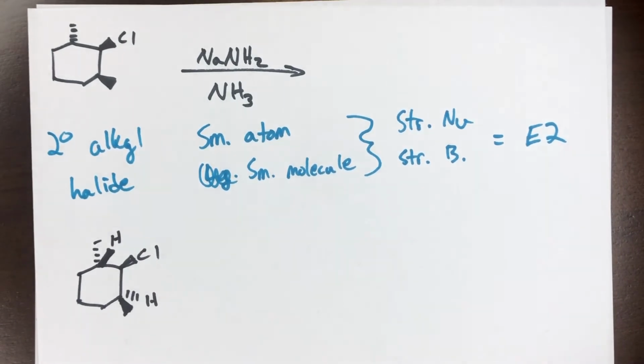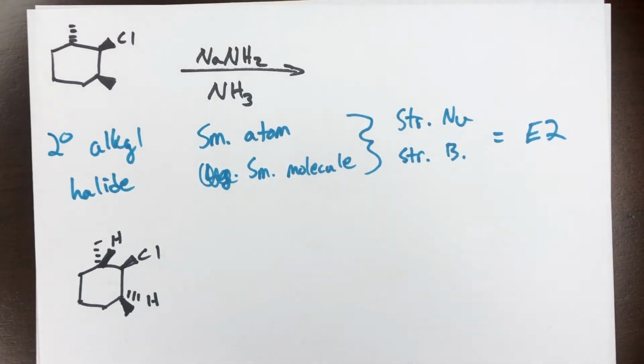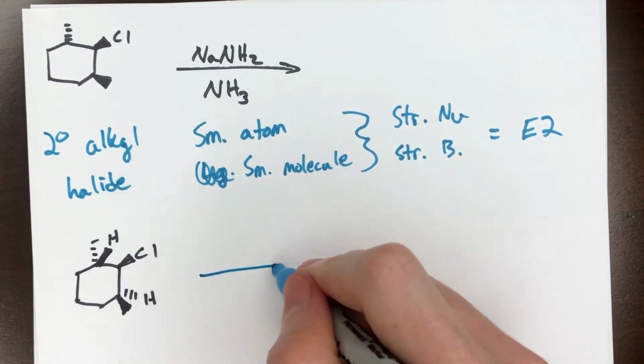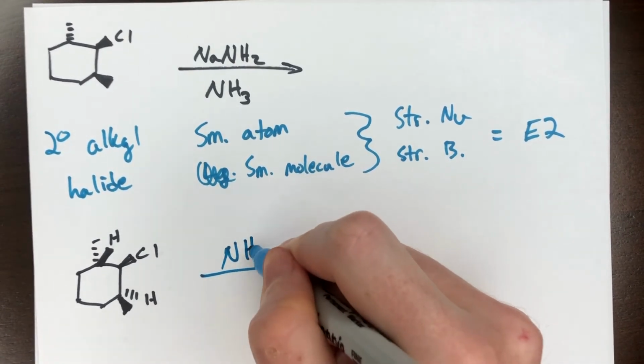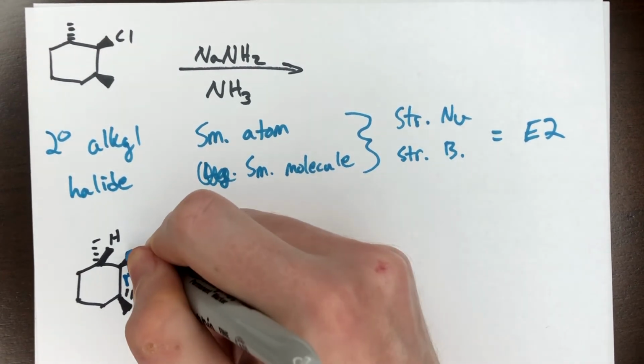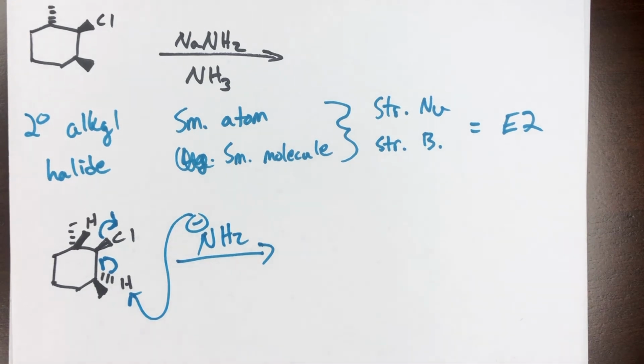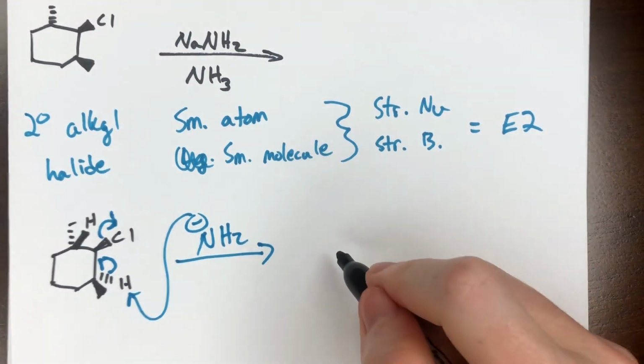It has to be anti to the leaving group, so you're only going to get one product in which this beta hydrogen is removed. So mechanistically, we get this hydrogen removed, formation of the alkene, cleavage of the leaving group, the chloride, and then this gives us the alkene product.